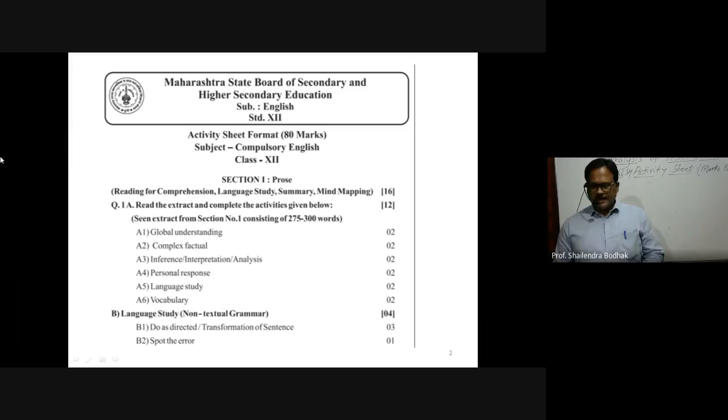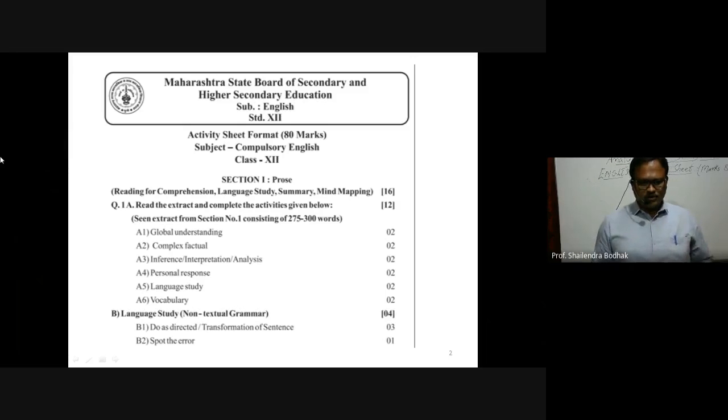Now, what sort of activities may come in activity 3? That is web diagram, you know that, or flow chart, complete the table, match, complete the sentences, select alternatives. So all these activities are there in your textbook, no? So you have to practice more, okay?